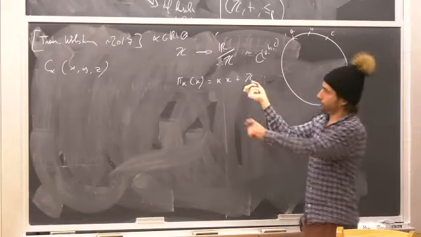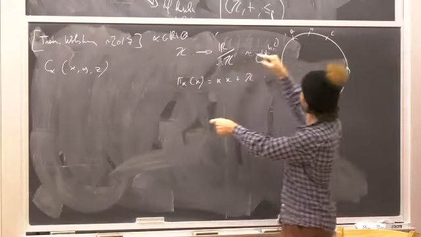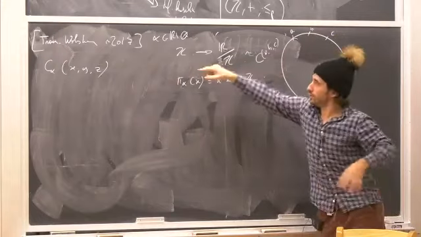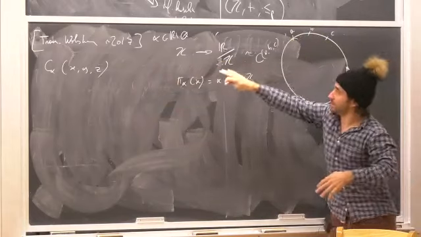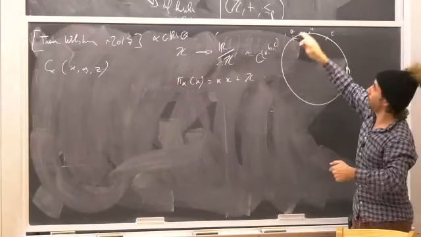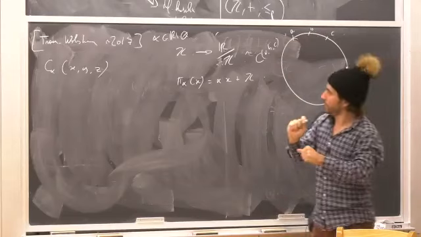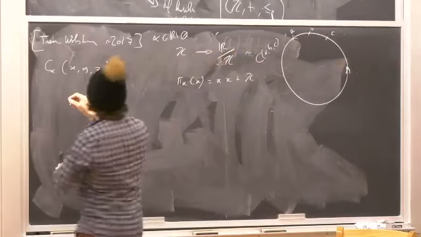Okay, and so if you do the pullback of this order, so here you are putting z through this function around the circle and twisting it a bit, and you put it back.